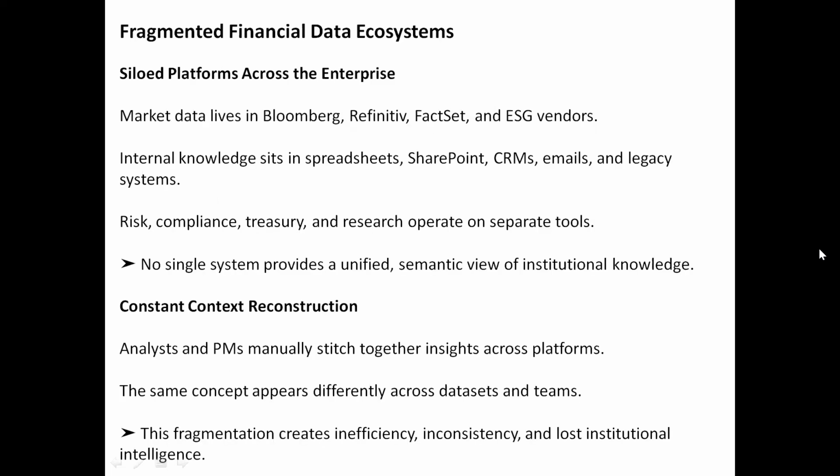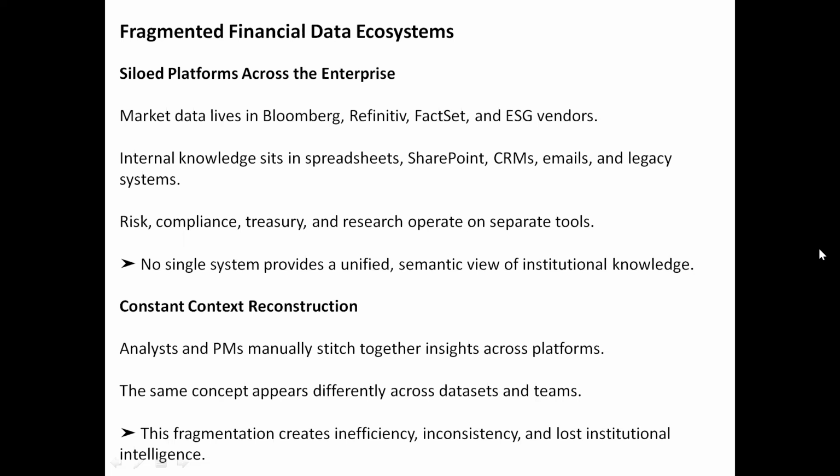Here there are siloed platforms across the enterprise. Even without considering outside data sources, your internal enterprise-wide data sources are not fully integrated and ready to utilize to get insight right away.